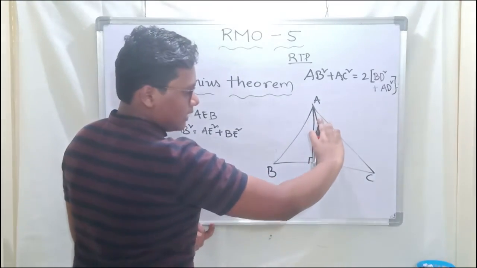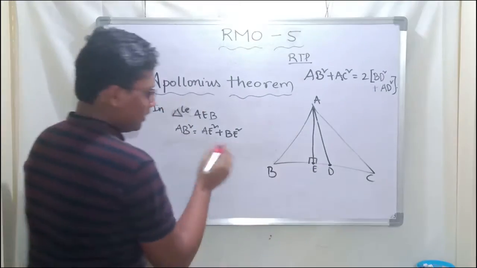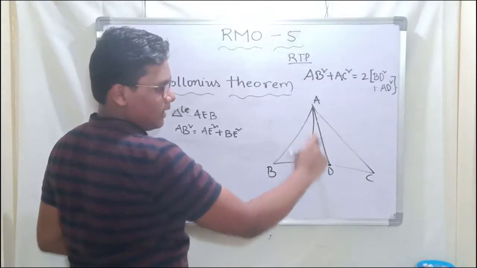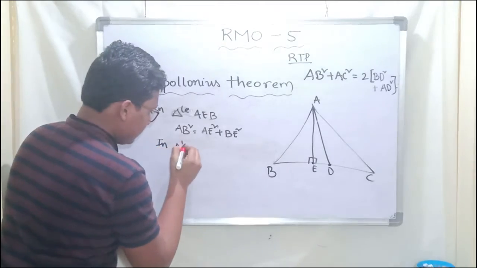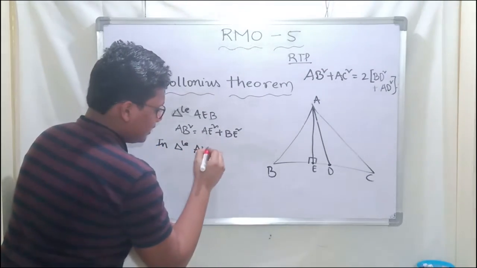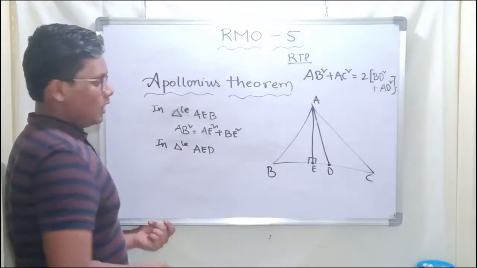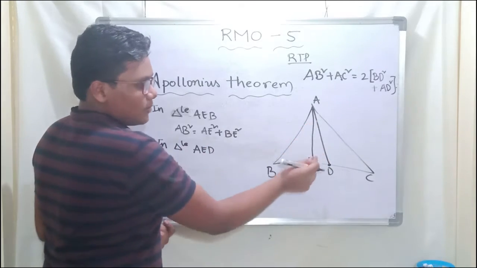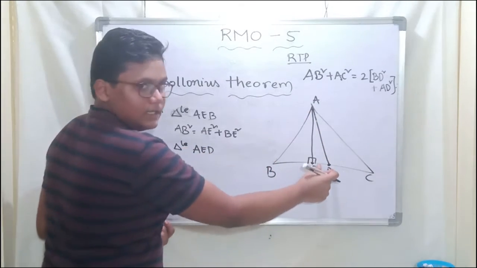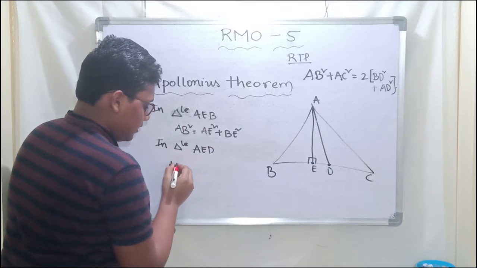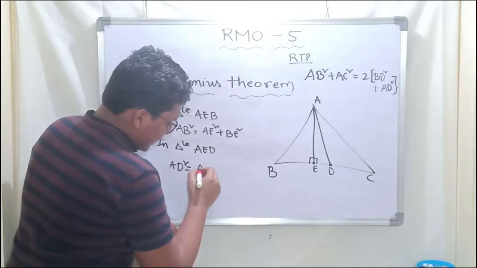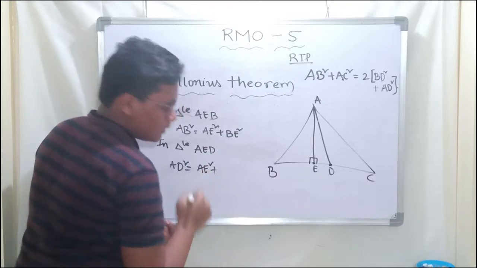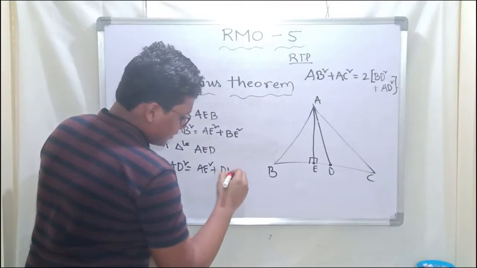And in triangle AED, AD square is equal to AE square plus DE square.